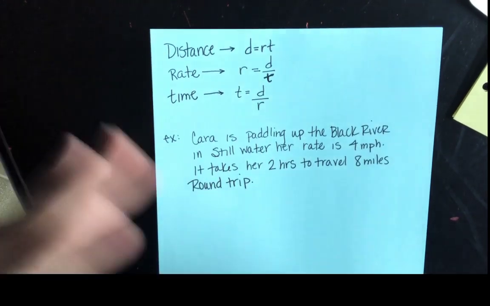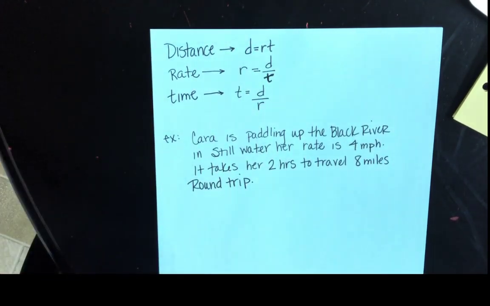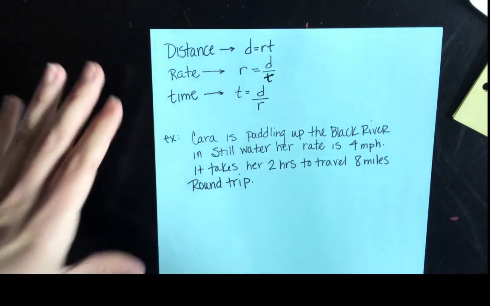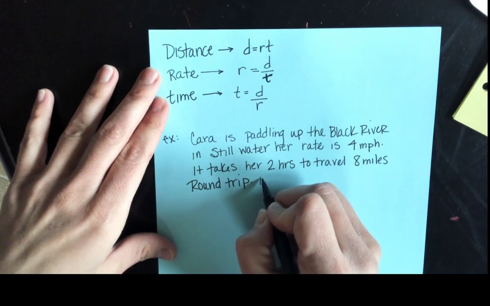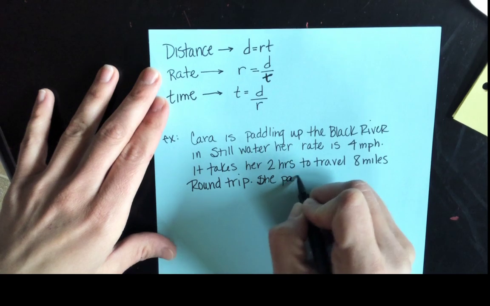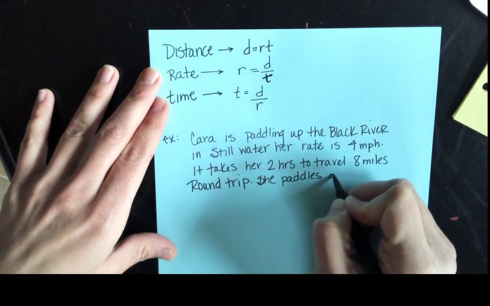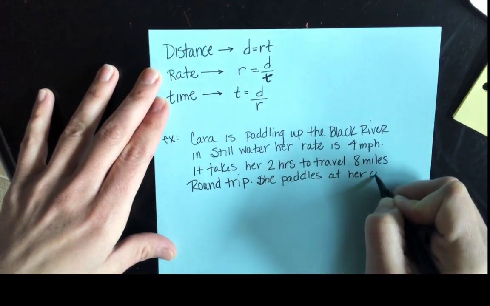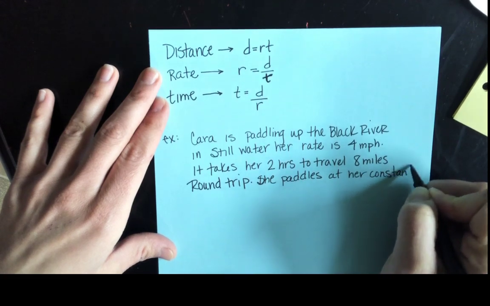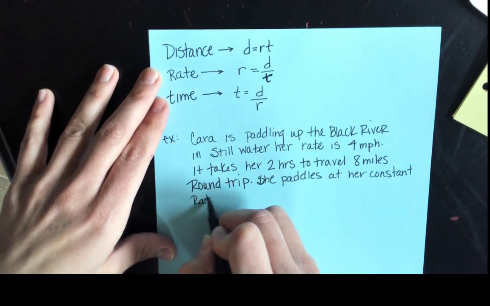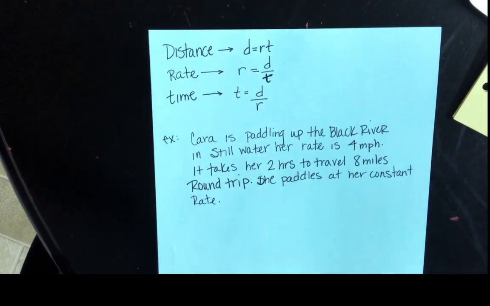And of course, we want to assume that she's going to be traveling at this constant rate. So again, there's always that disclaimer to make sure that you know that she's not increasing her speed or slowing up.